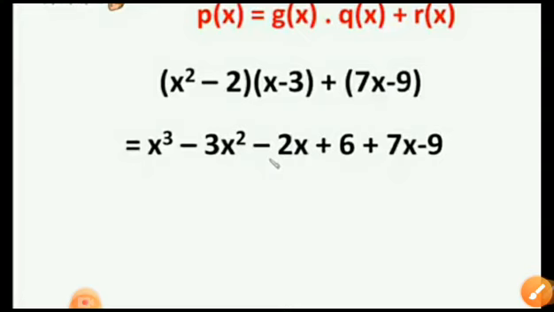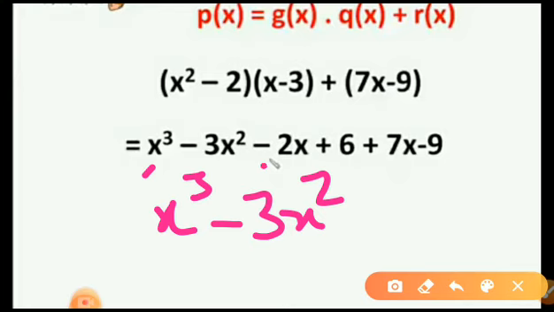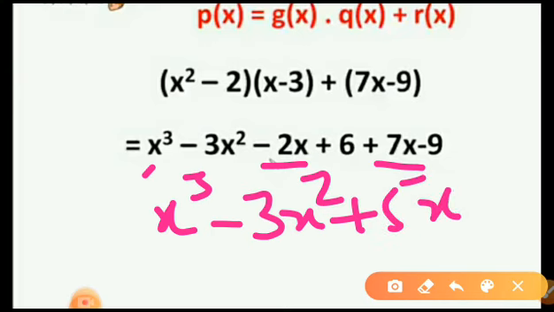Clear? Now check whether you have like terms. X cube, only x cube term. X square, only x square term is there. Now minus 2x plus 7x will be plus 5x. And 6 minus 9 will be minus 3.